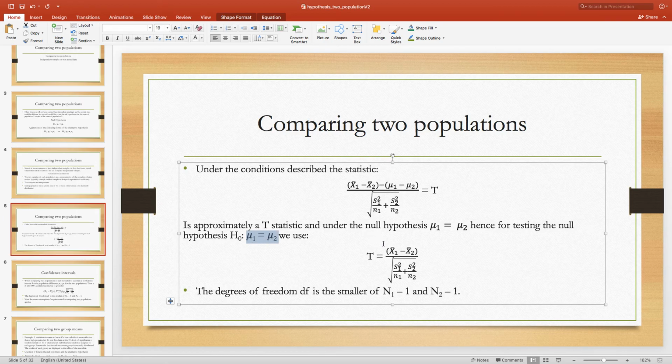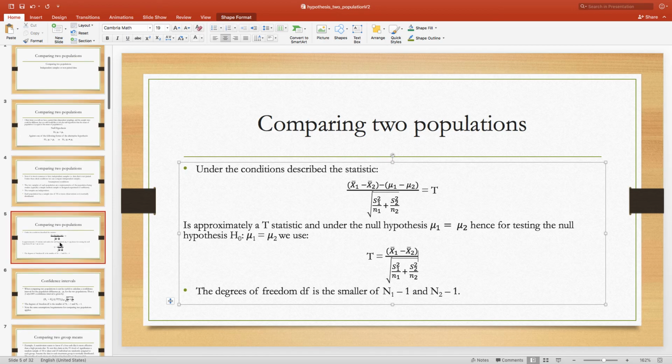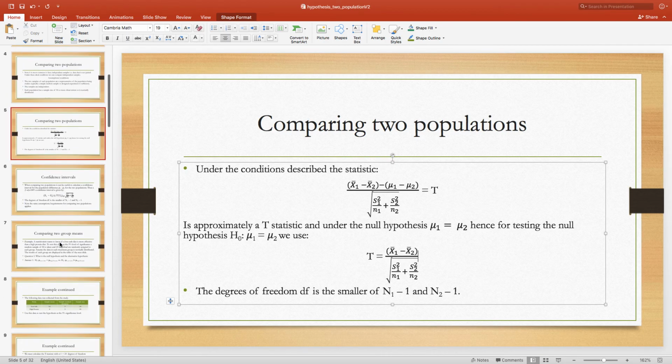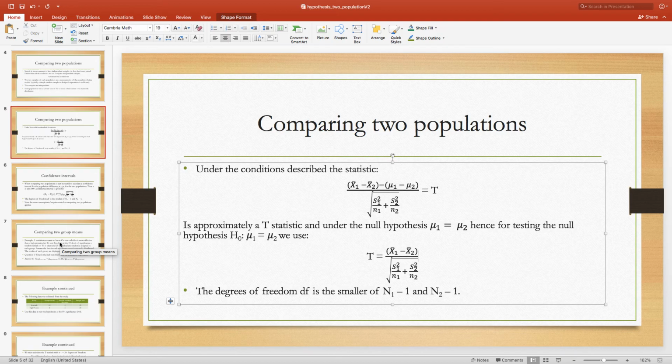And if you subtract equal means under the null hypothesis, you get 0. So our t-statistic boils down to this. So we're going to use this t-statistic to compare population means. And we can test hypotheses and construct confidence intervals.